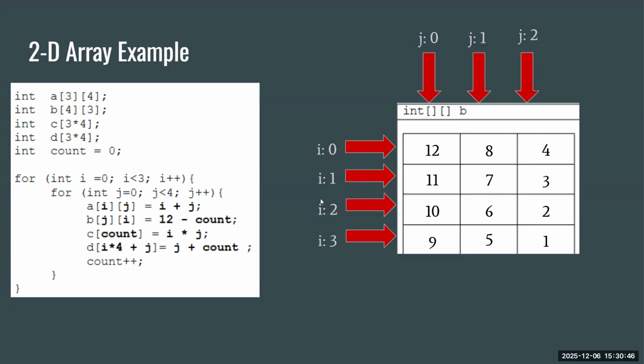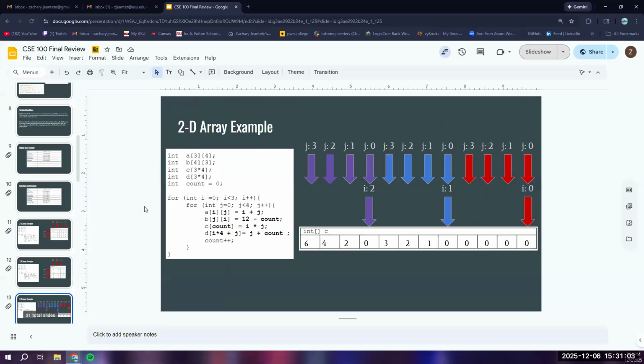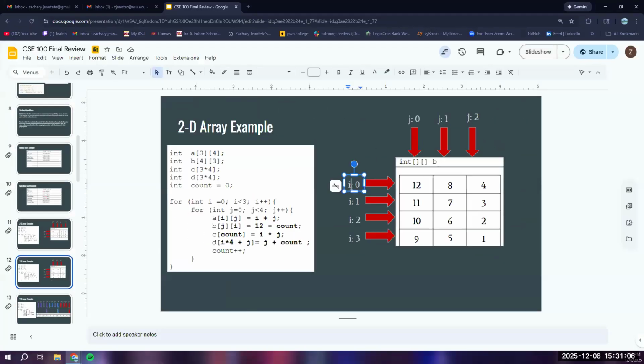And then, I believe j equals 3. I believe I flipped these. I think I flipped these ones over because j is representing the rows.